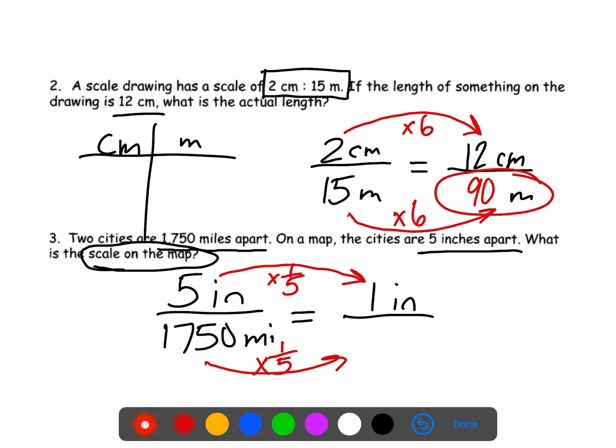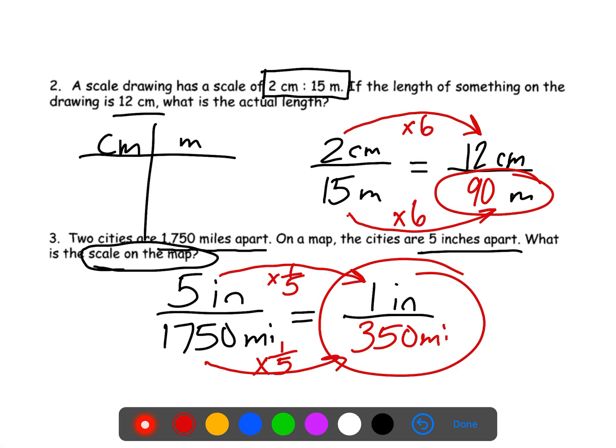And that's going to tell me that the scale for this map is now 1 inch is equivalent to 350 miles. I'm sorry. The answer would actually be the whole ratio, and that's how we're representing scales, is we're comparing these 2 quantities. Okay?